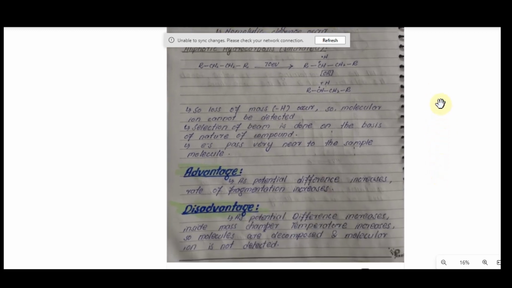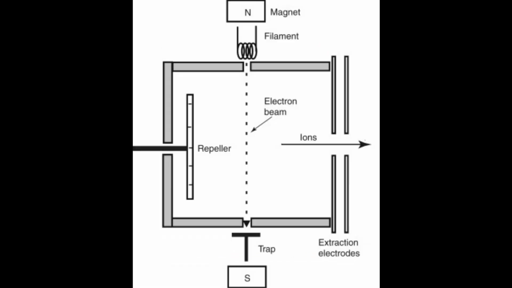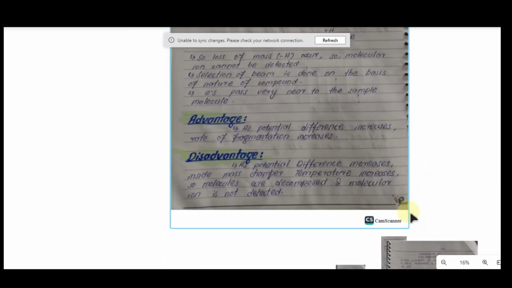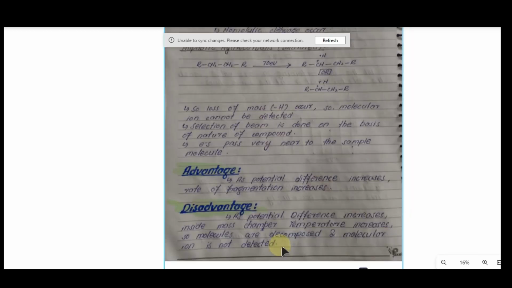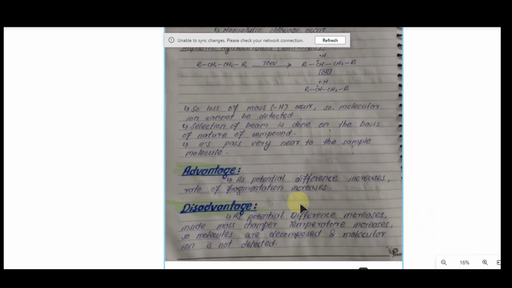We have observed that in the electron impact method, most of the sample will be converted into fragments but not into molecular ions, so it is not able to detect the molecular ions by this method. It is the greatest disadvantage of this method that we cannot detect the molecular ion, but we can have a lot of fragments.